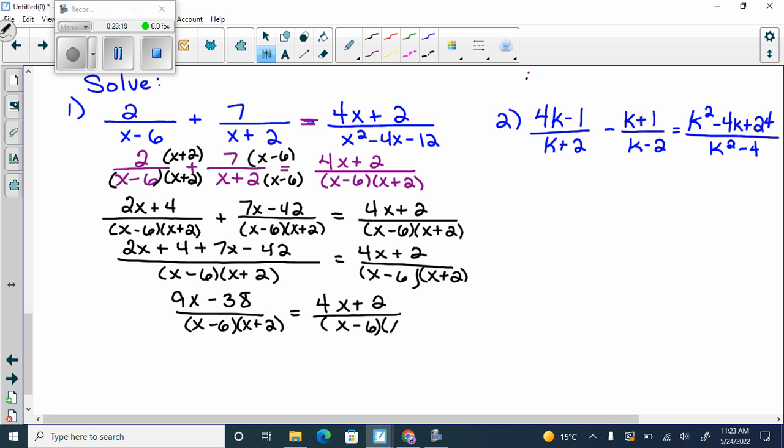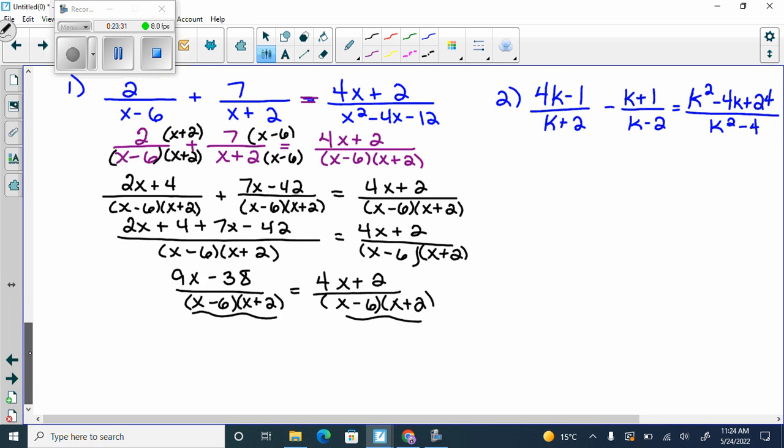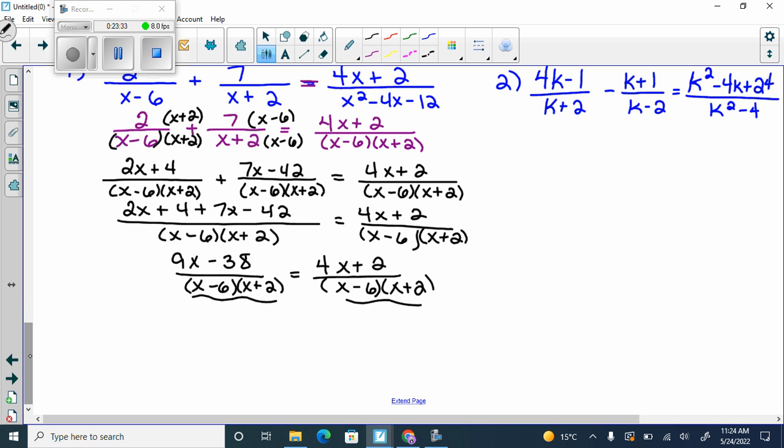Now, when our denominators are equal, we can set our numerators equal. But before we set our numerators equal and drop off our denominators, what should we do? Our NPVs: x can't equal 6 and negative 2.